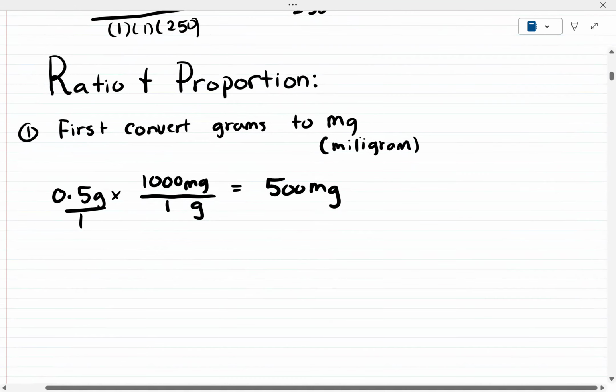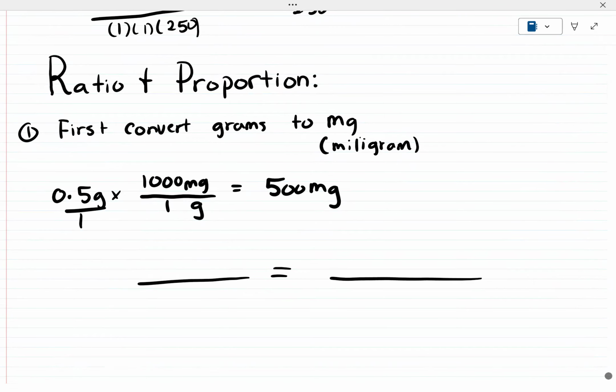Okay, so now we can set up our ratio and proportion. We can set it up like this. You could put milligrams on the top and tablets on the bottom, or vice versa. It doesn't matter as long as this matches with this. If you do it this way, milligrams are on the top and tablets on the bottom.